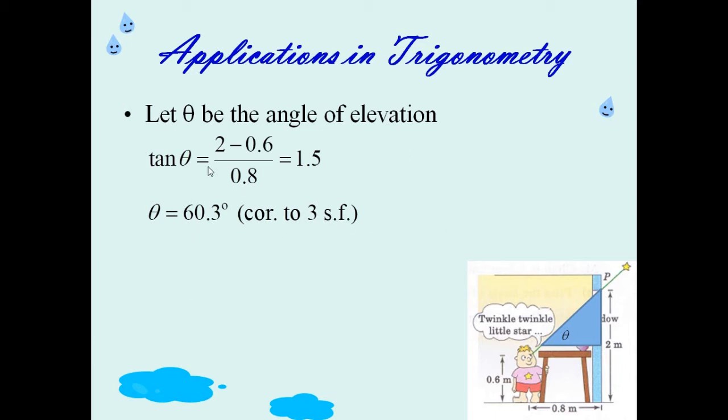So when you do your problem, you always want to find some geometry. The shape of the geometry may be a right angled triangle, but this right angle triangle must be on some figure. Just like here, you have a trapezium first. So at the end, we have the conclusion: the angle of elevation is 60.3 degrees.